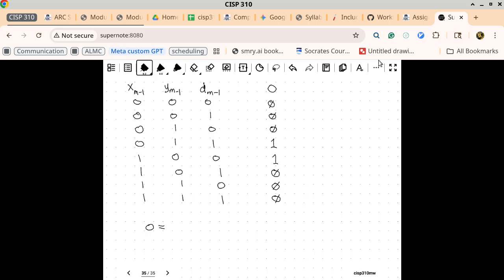To make this one row a 1, but every other row a 0, you have to negate x m minus 1 first, and then you AND it with y m minus 1, and then you AND it with d m minus 1. So this conjunction is going to be 1, but only for the fourth row. For all of the other rows, this expression is going to be false.